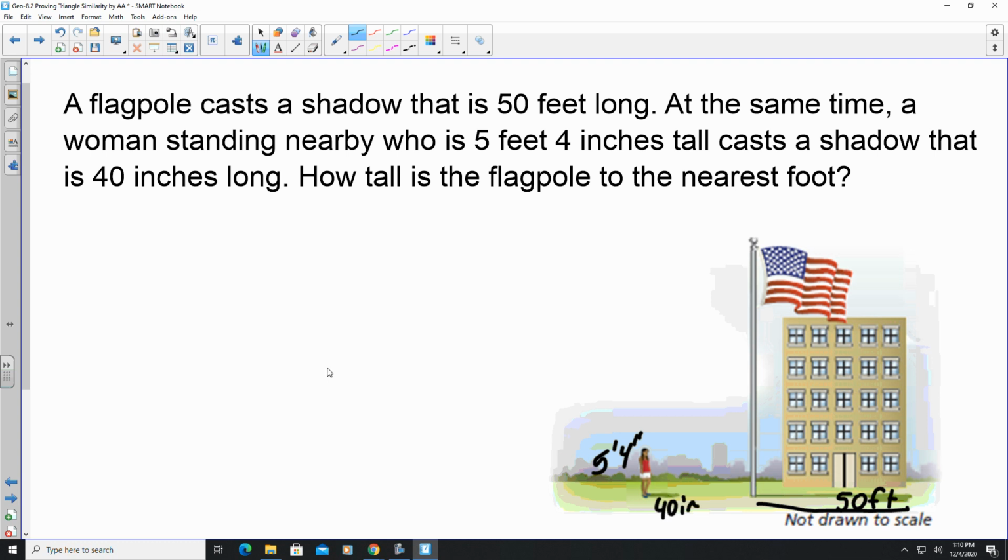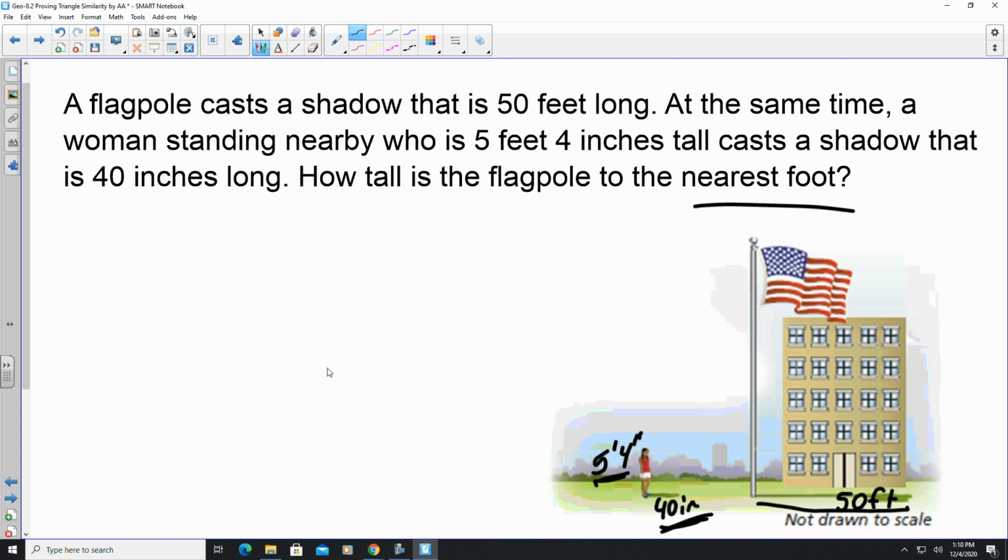What they want us to do is find how tall the flagpole is to the nearest foot. Since they give us feet and inches, what we're going to do first is convert everything into inches, and at the end I'll convert back to feet once we're done. So I'm going to write this as a proportion.